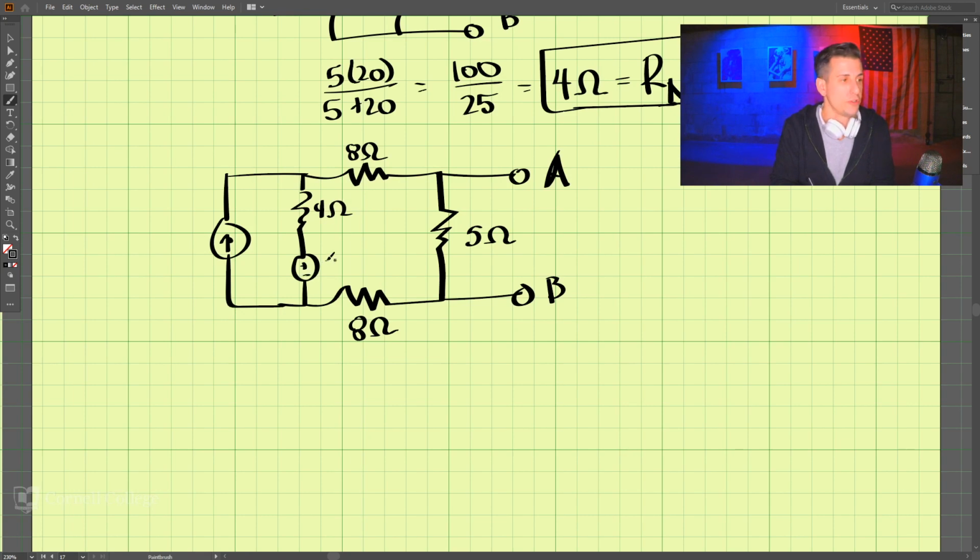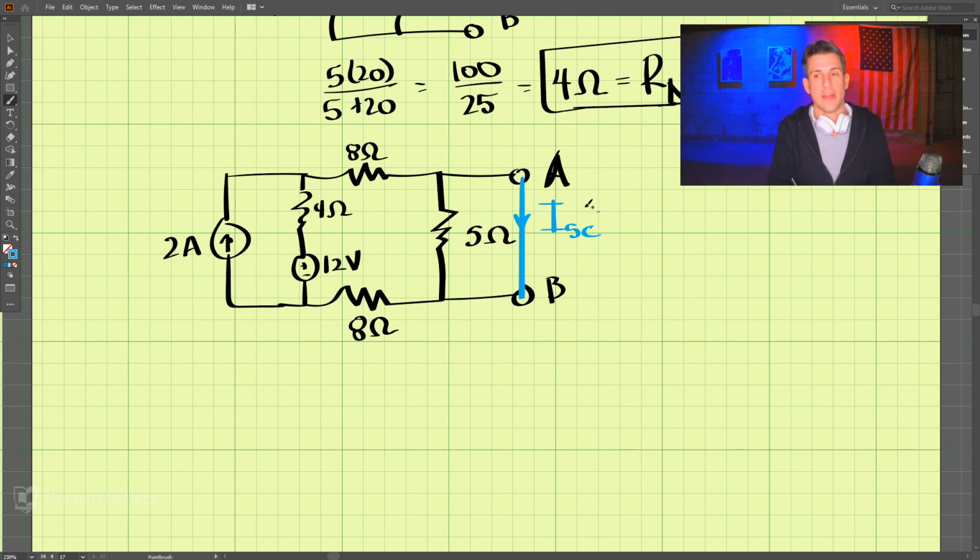This voltage source is 12 volts and this current source is 2 amps. What we do now is short circuit these two terminals, and we're looking for ISC, because that is equal to the Norton current.